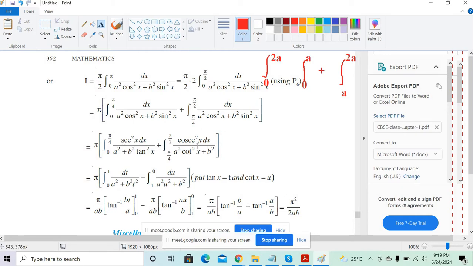Here you put tan x as t, here you put cot x as t. So this will come in the form of x square plus a square, and here also it will come in the form of x square plus a square. So again both will come as tan inverse. Did you understand?